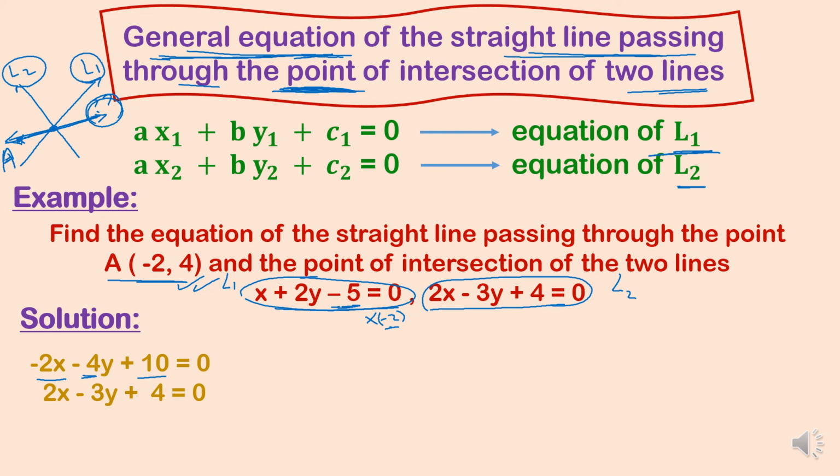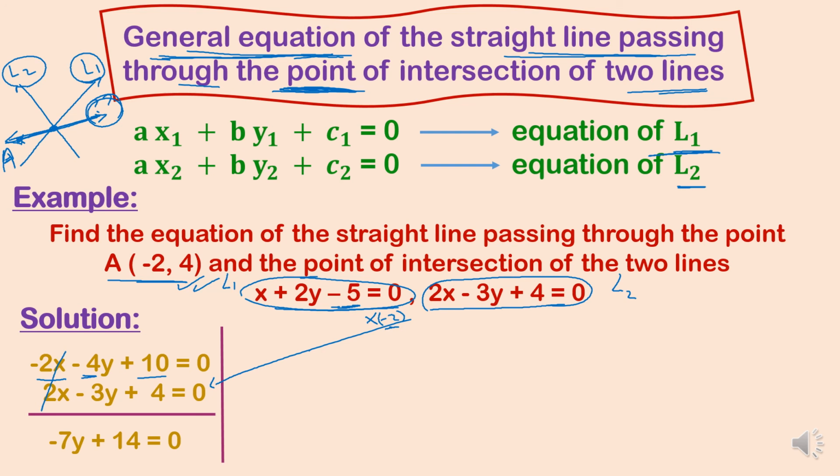And the second equation will be written as it is. This one will be cancelled and the answer will be -7y plus 14 equals 0.